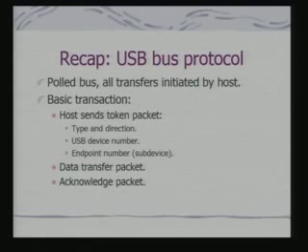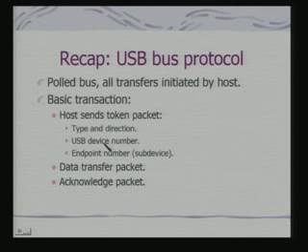So the USB bus is basically a polled bus. In fact, here all transfers are initiated by the host. The basic transaction steps are the following. The host sends a token packet, which tells the type of the data transaction that is supposed to take place as well as the direction.